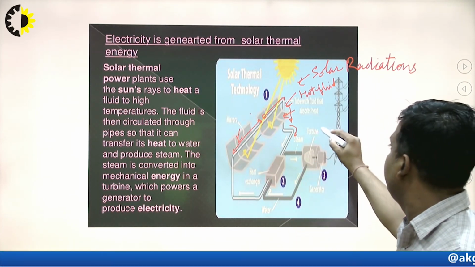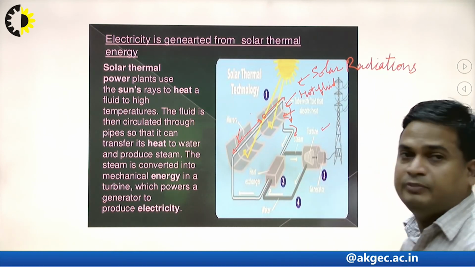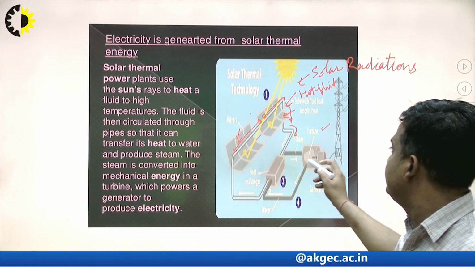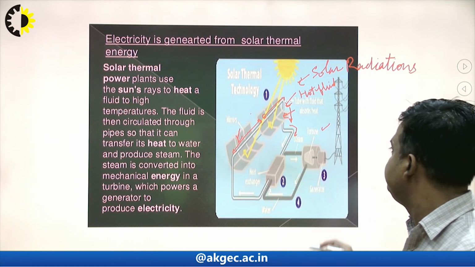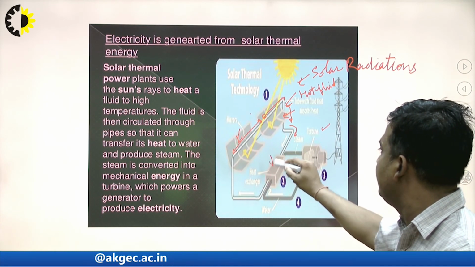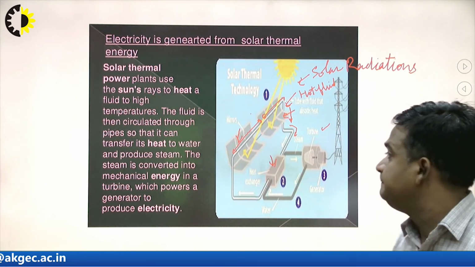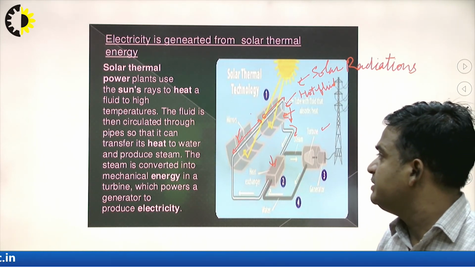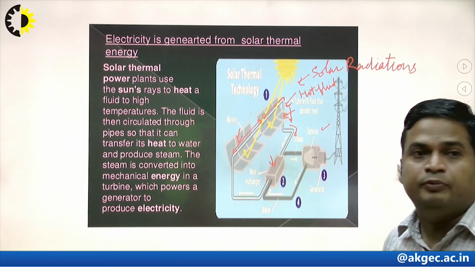That turbine is used to run the generator, and thereby electricity is produced. After this, the steam is converted into water, and again this water takes the heat from this area and is converted into steam for generation of electricity. The steam is converted into mechanical energy in a turbine which powers a generator to produce electricity.